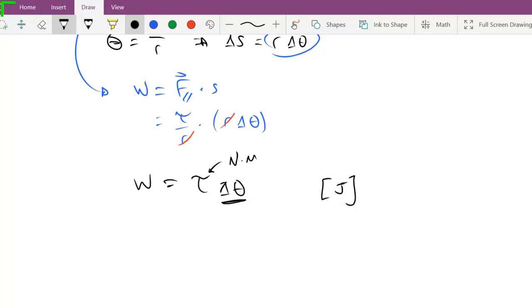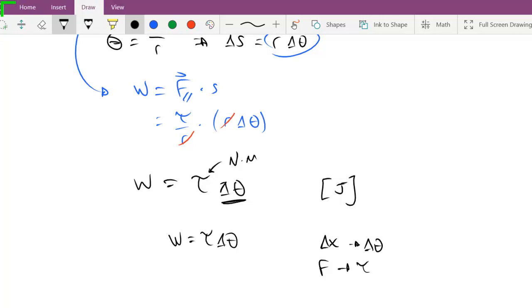So the work done in rotation using rotational quantities is just the torque applied through an angle, which is everything that we would expect with making our translations between linear and angular terms, in which case instead of using a linear displacement, we use an angular displacement, and instead of using a force, we use a torque.